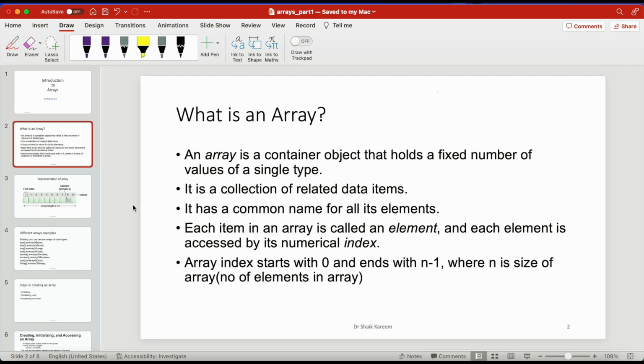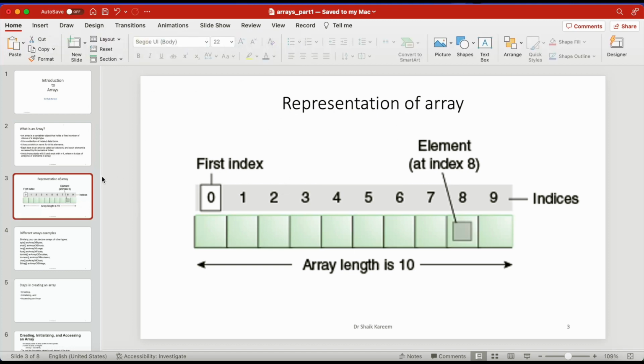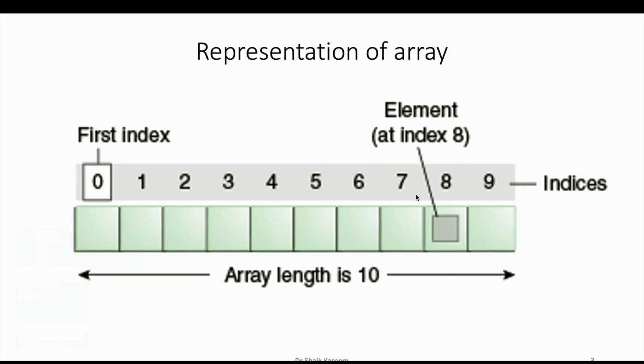Then comes the second thing, the representation of your array. In this representation, you can see it is divided into blocks. Each block is for one particular element. This is for the first index, and this is for the last index.